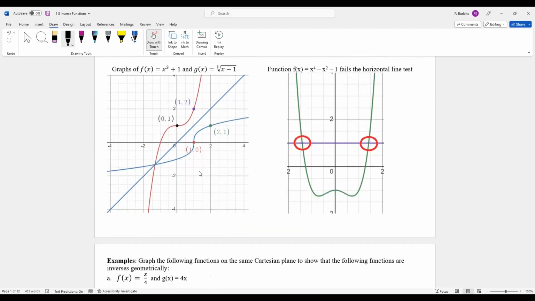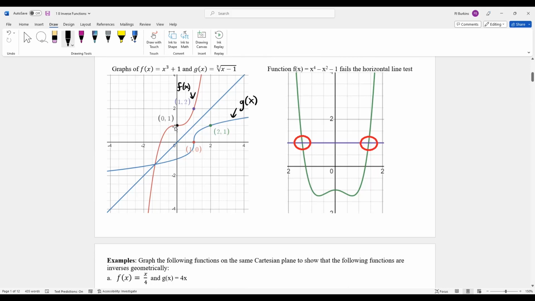So let's look at these examples here. This here, we have f of x equals x cubed plus 1. That's actually this red curve here. This guy right here is f of x, and this curve right here is g of x. So you'll notice that some of the properties we were mentioning, right?